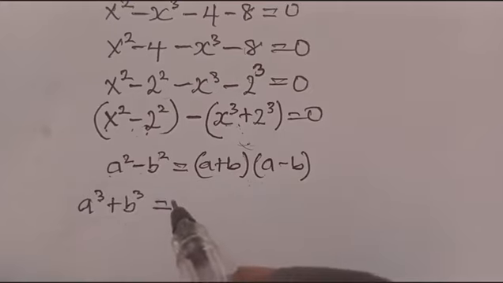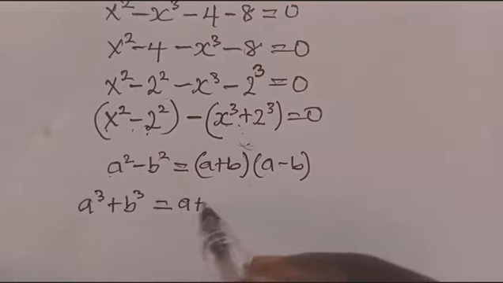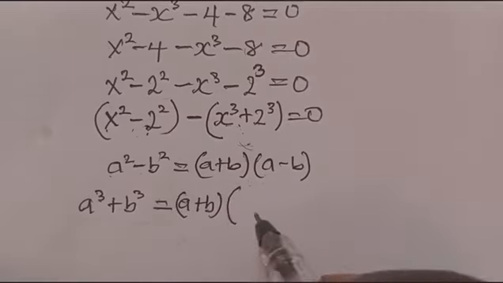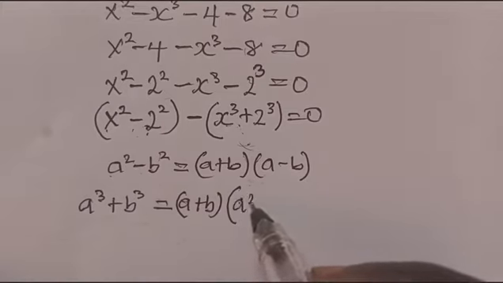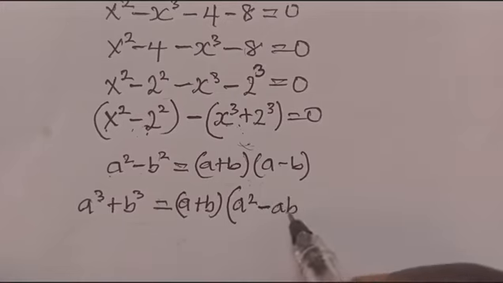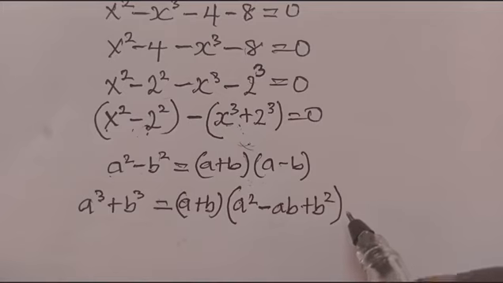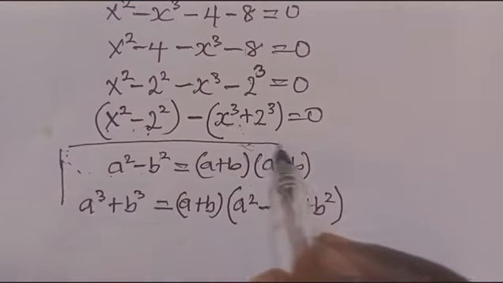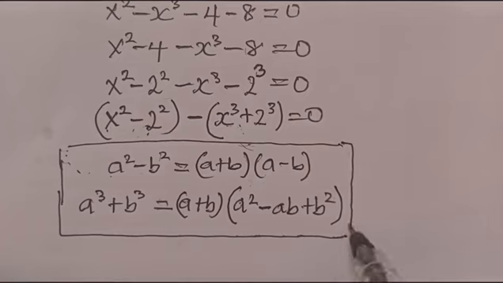It will give us a plus b, open and close bracket, into a square minus ab plus b square. That is what we apply into the equation now.